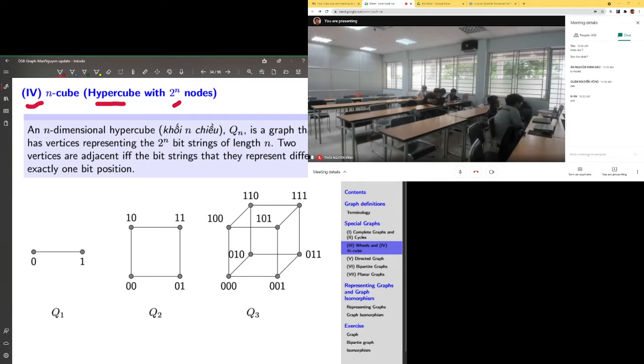So we say an n-dimensional hypercube, denoted like this one, is just a graph that has vertices representing the 2 power n bit strings of length n. Okay. Then we say the vertices connect together, or they are adjacent, if the bit strings they represent differ in exactly one position. So this is the longest concept so far. Pay attention to this one.